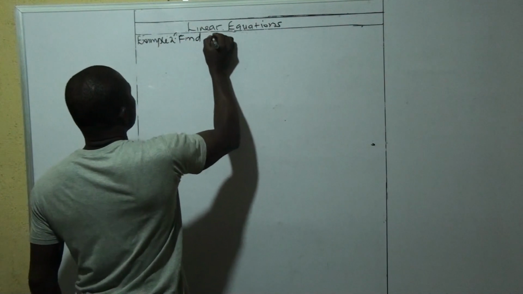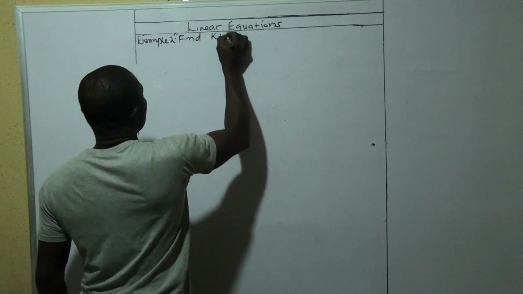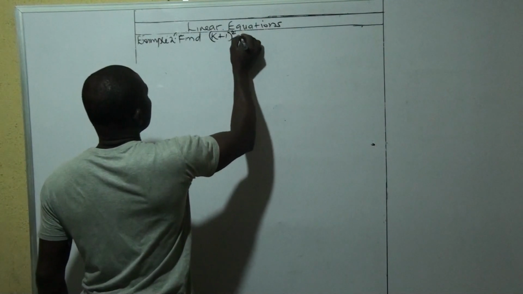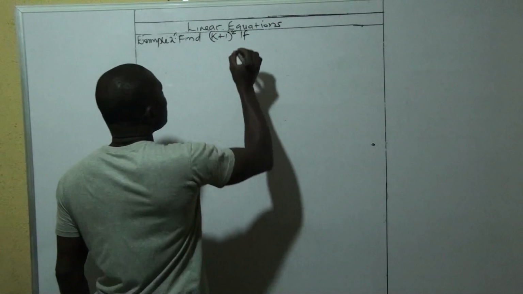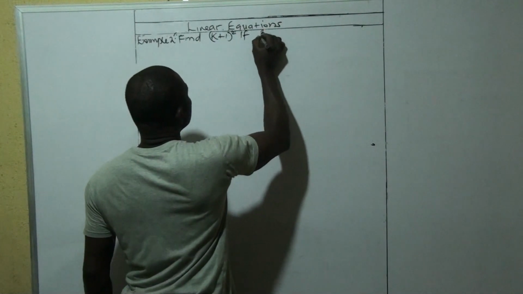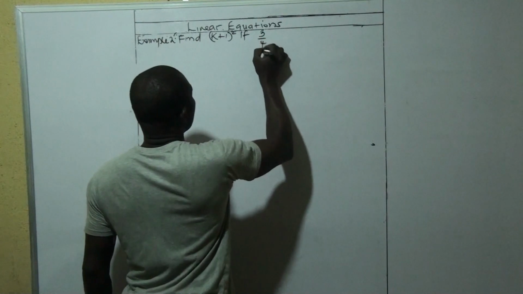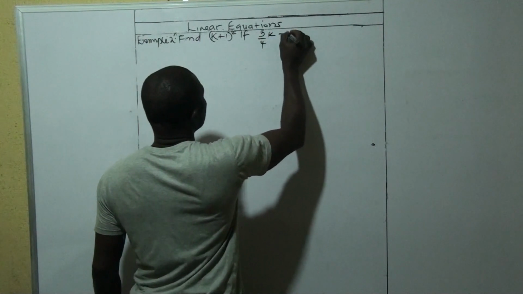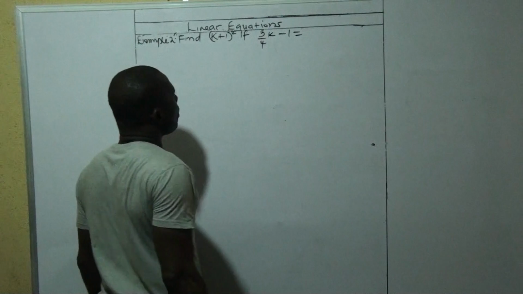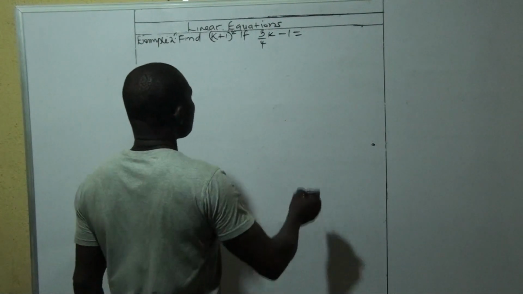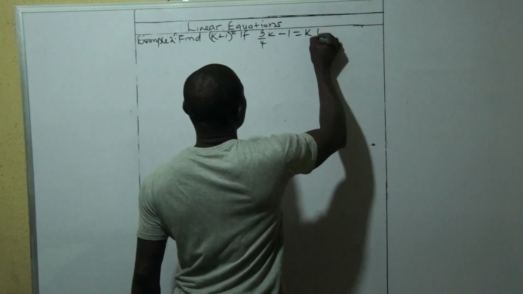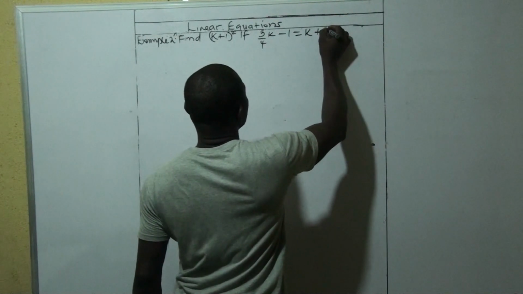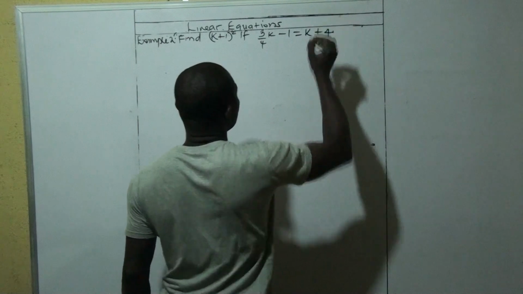Find (k plus 1) squared if 3 over 4 k minus 1 is equal to k plus 4.